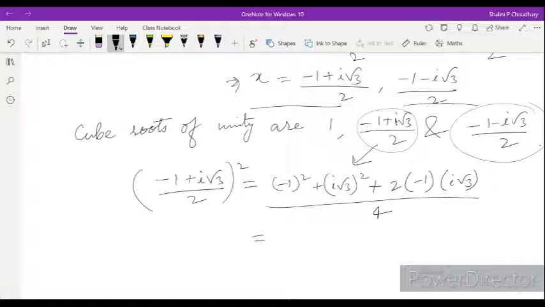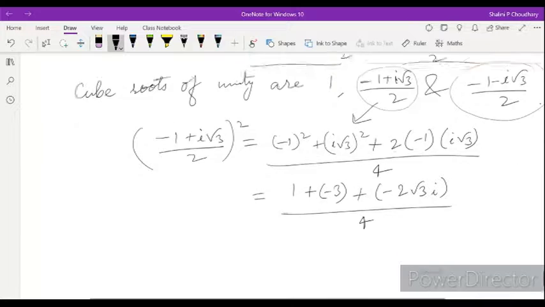So what value are we getting? Minus 1 squared will be 1, i root 3 squared will be minus 3, plus 2 into minus 1 into root 3 i, so minus 2 root 3 i, divided by 4.